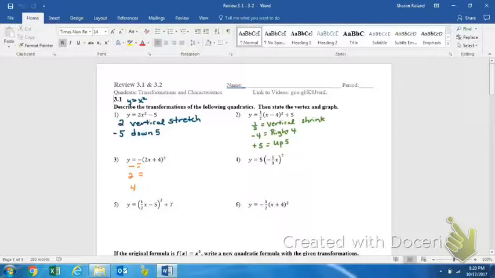Okay, the negative in front is in front of the function, so it's going to reflect across the x.